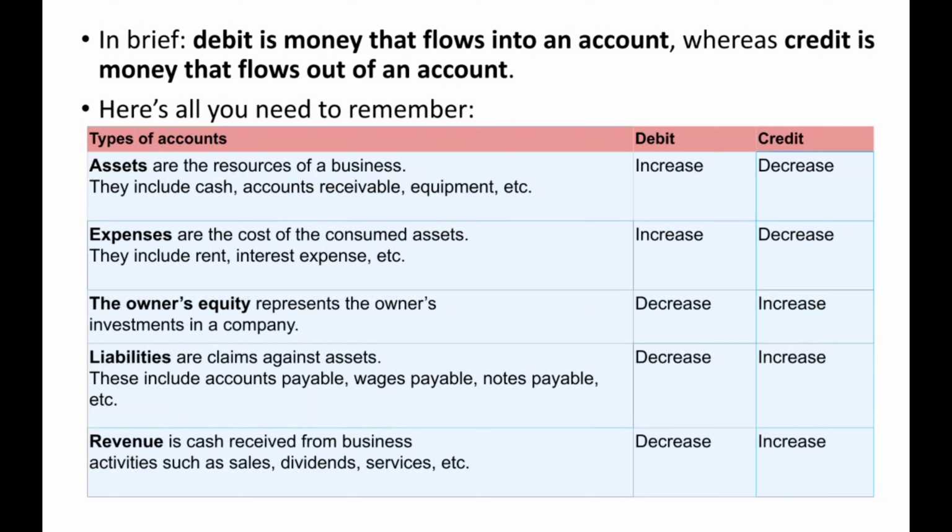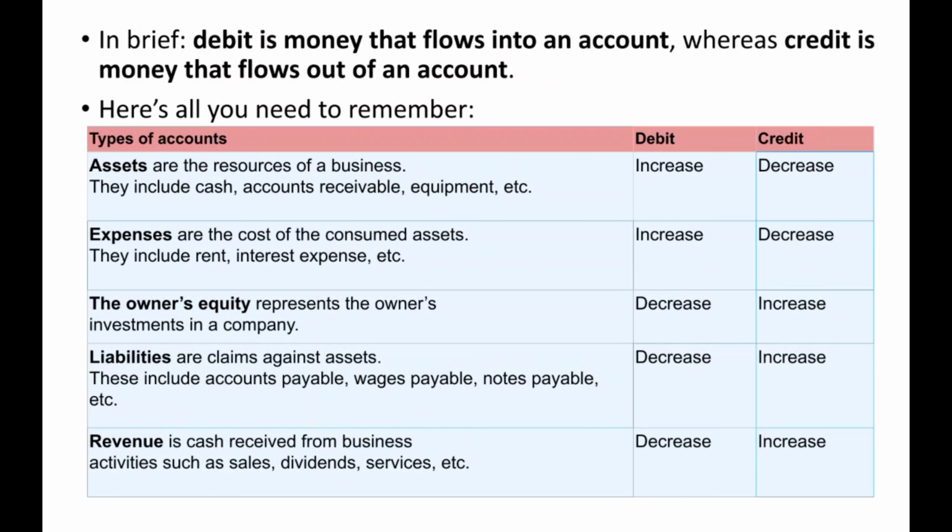Liabilities are claims against assets. These include accounts payable, wages payable, and notes payable. When liabilities decrease, it comes under debit; when they increase, it comes under credit.